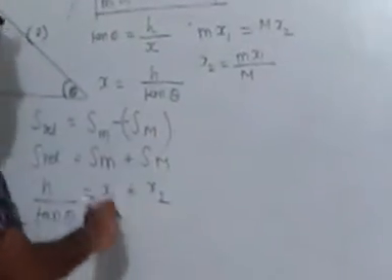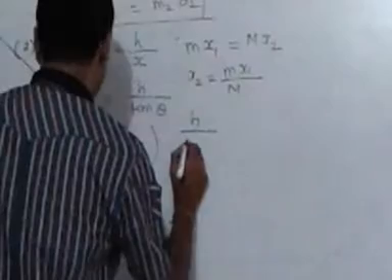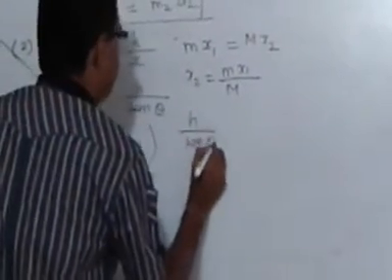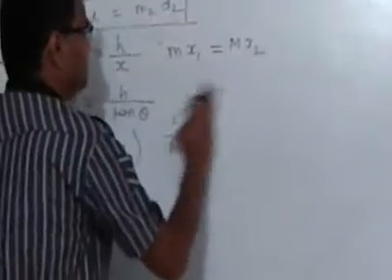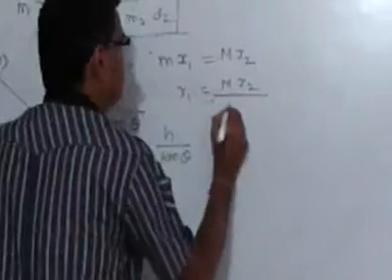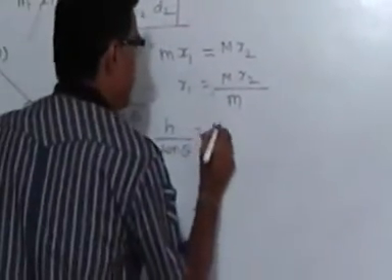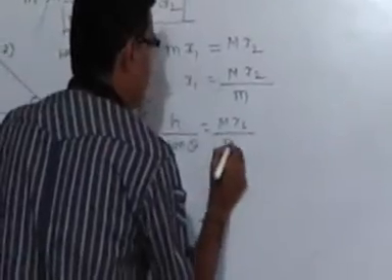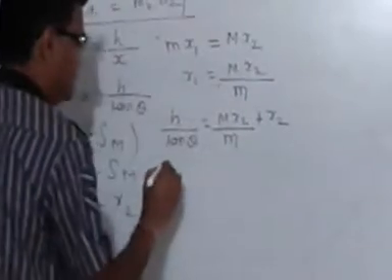Let me put it over here, and I get h upon tan theta. Sorry, let me get x1 in terms of x2, because we want to find the value of x2 here. So h upon tan theta is M x2 upon m, which is x1, plus x2.